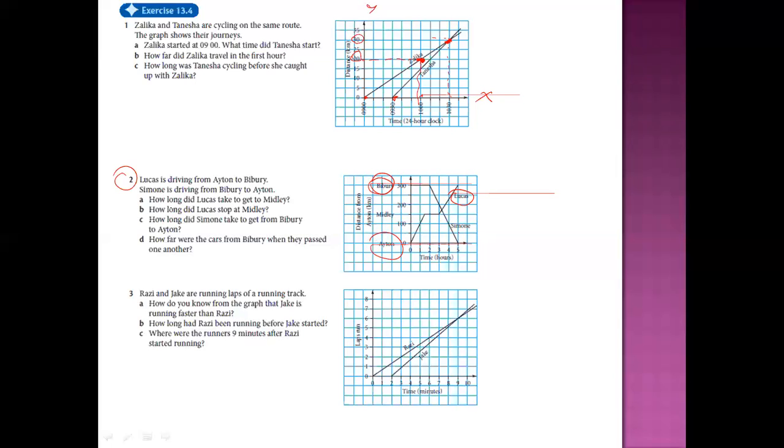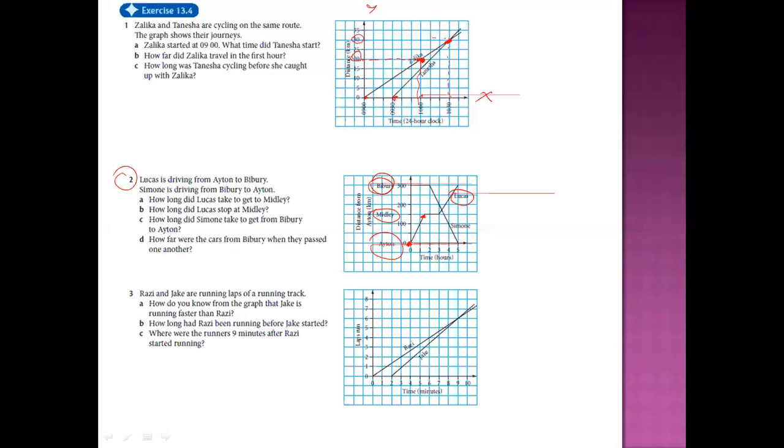So what is the question? How long did Lucas take to get to Midley? It's 1.5 hours. Why? Where is Midley? Midley is here. Lucas started from here, and after how many hours will he get to Midley?